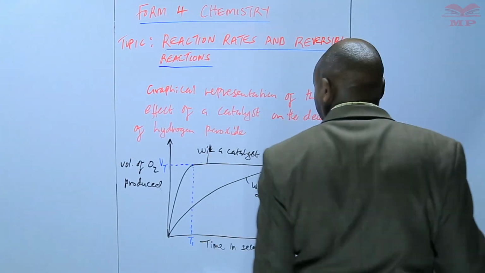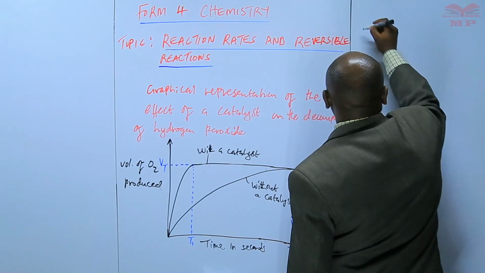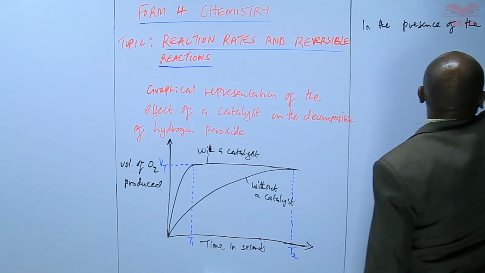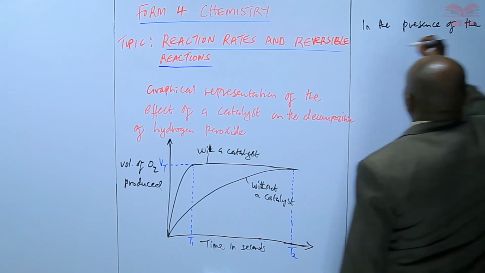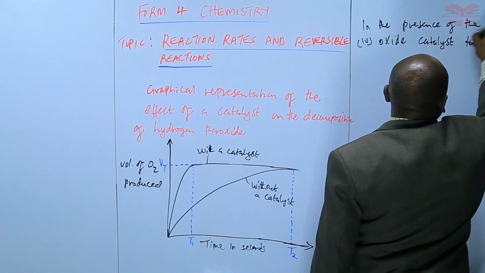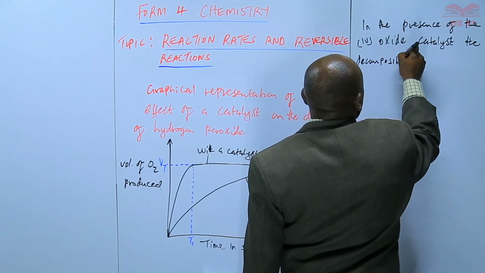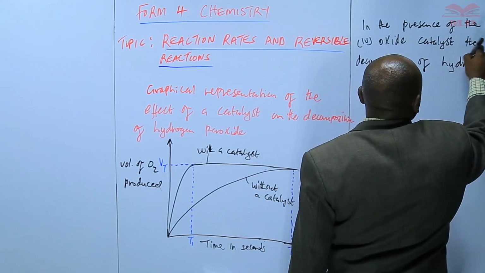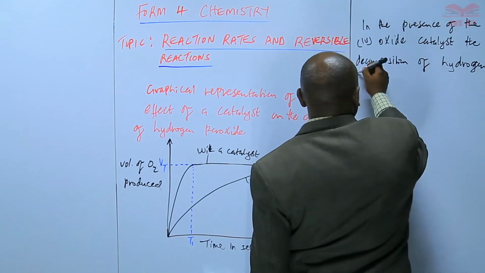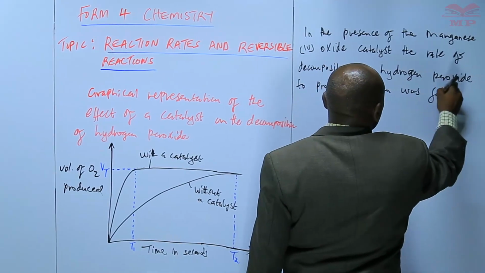So we can say that in the presence of the manganese 4 oxide catalyst, the rate of decomposition of hydrogen peroxide to produce oxygen was faster.